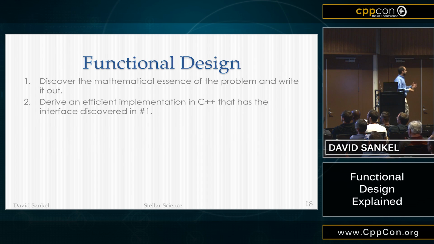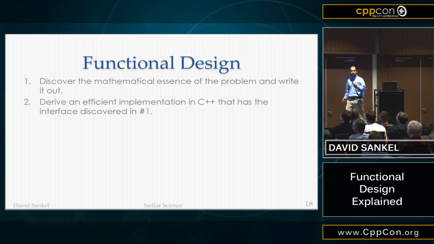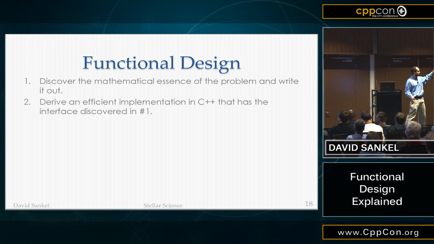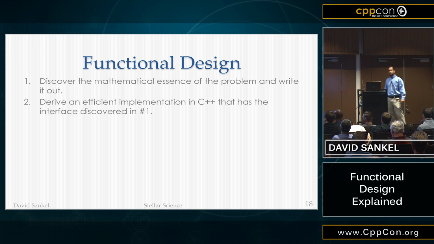And that leads us to what functional design is. So the first part of functional design is you want to discover the mathematical essence of a problem and write it out. The second part is you derive an efficient implementation in C++ with the same interface that you discovered in step 1. And if you nail it, it works really well.